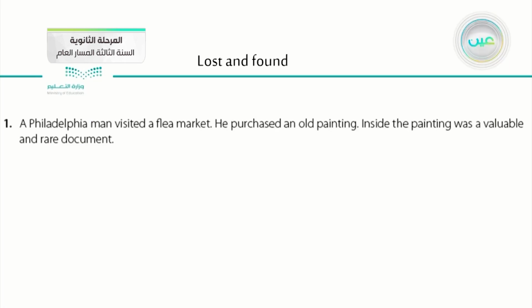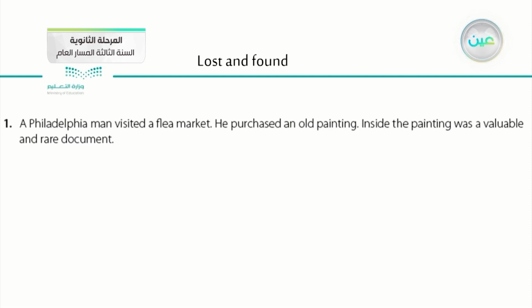Now we are going to use the if clause to link all the parts of these sentences together and also to think hypothetically about this situation like it didn't happen in the past. So a Philadelphia man visited the flea market.